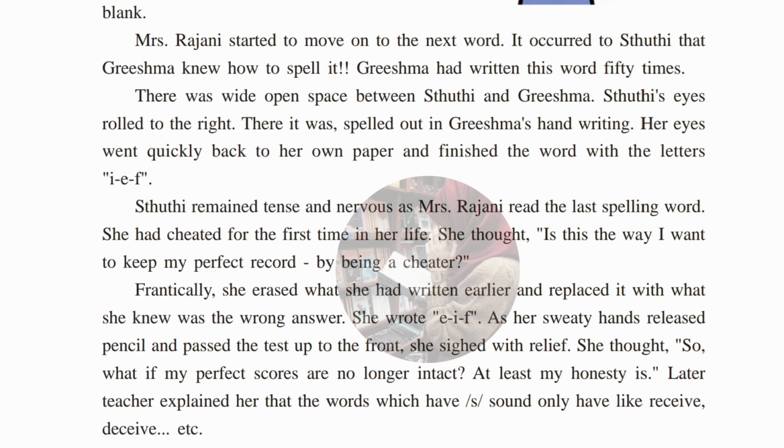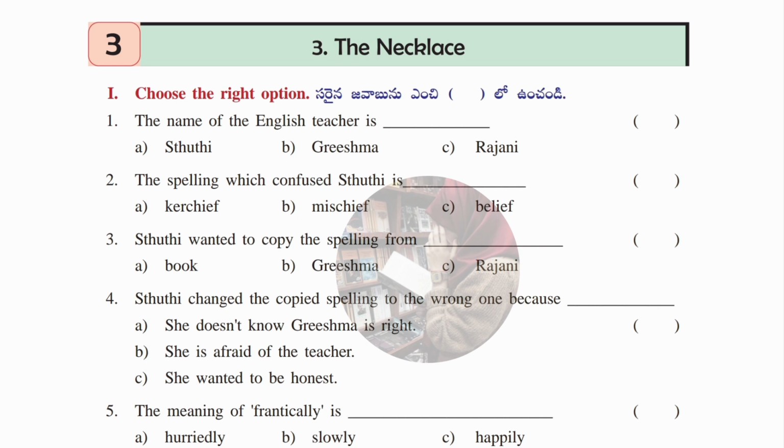Okay, let's see that. So we have been given: choose the correct options. Let's see this. The first one is: the name of the English teacher is dash. Answer is C, Rajani. Second one, the spelling which confused Stuti is dash. Answer is A, Kerchief. Third one, Stuti wanted to copy the spelling from dash. Answer is B, Grishma.